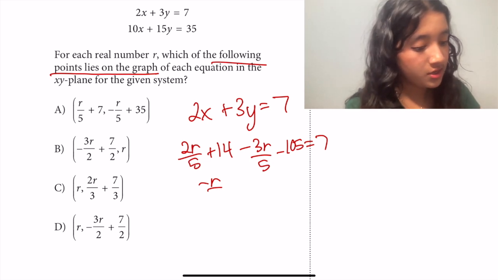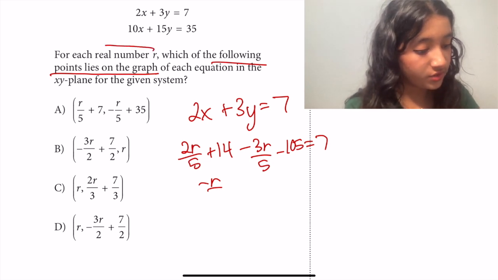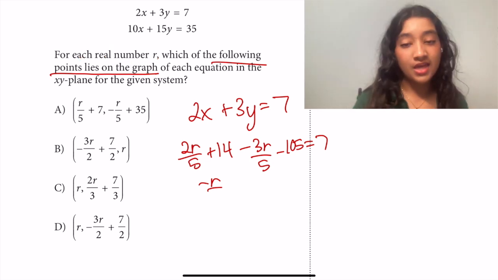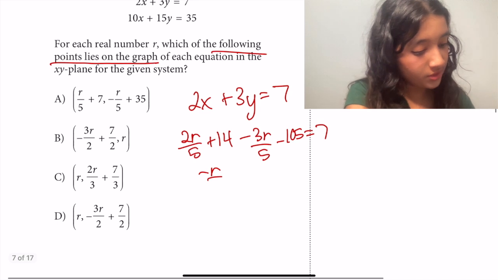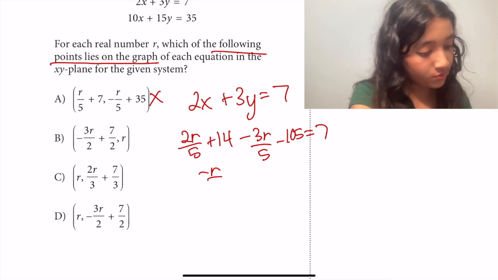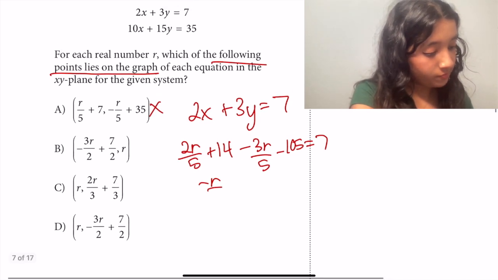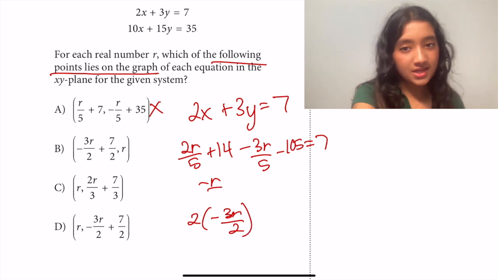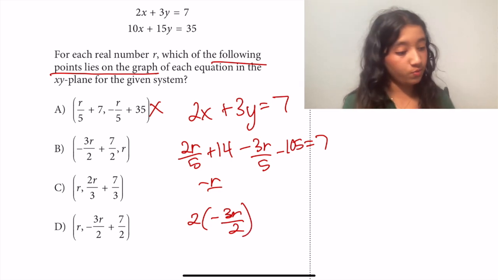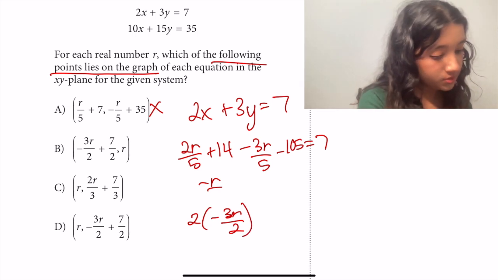And in this case, we want this to be true for each real number r, which means that we want our r's to cancel out. So we know that A doesn't work, we can try option B, 2 times negative 3r over 2. And in this case, let's just focus on the r's because we know that we want them to cancel out.